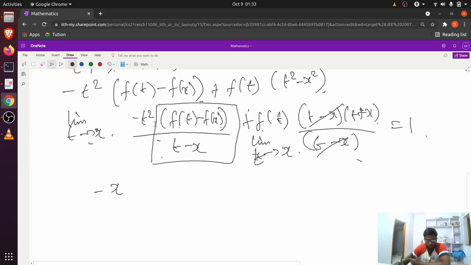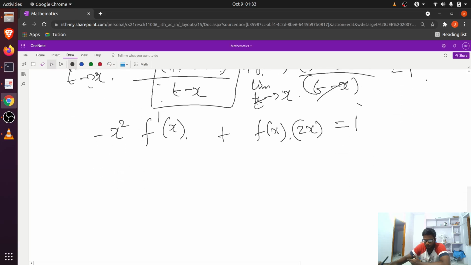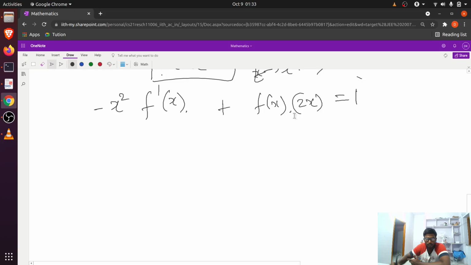So as t tends to x, t square is nothing but x square into f dash of x, plus as t tends to x, we have f of x into 2x is equal to 1. This is nothing but a linear differential equation. We can simplify this equation as f dash of x minus 2 by x into f of x is equal to 1 by x square.